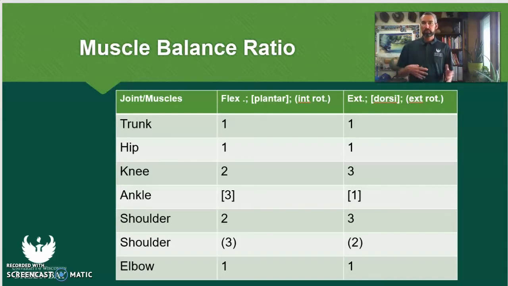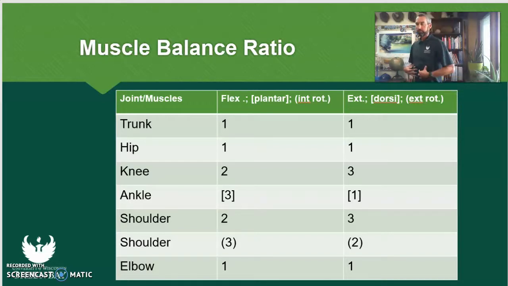So if we look at the different agonist and antagonistic muscles involved in movement, we want balance. And these are some typical ranges of balance. If we think about trunk flexion, my abs should generate the same amount of strength and force as trunk extension, like the erector spinae.